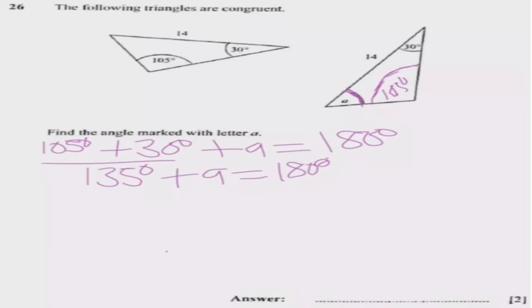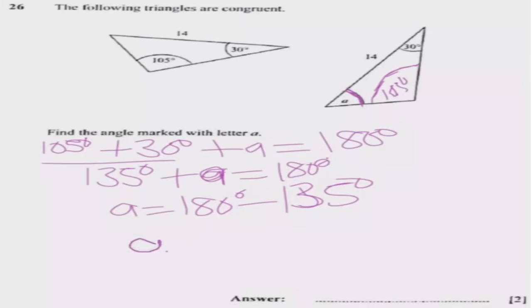Then what do we do? We put like terms together. Remember, this is A, not 9. So we write A is equal to 180 degrees, and 135 will cross the equals sign and become minus 135.